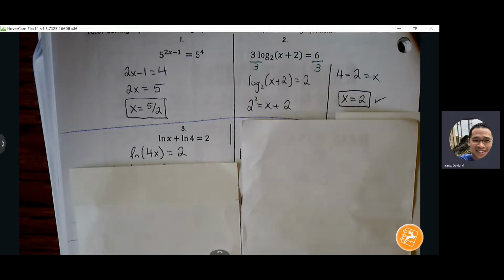I want to solve for x. X is stuck inside natural log, so convert to exponential form. Right? What's another way of writing natural log or ln? Log base e. Yeah.